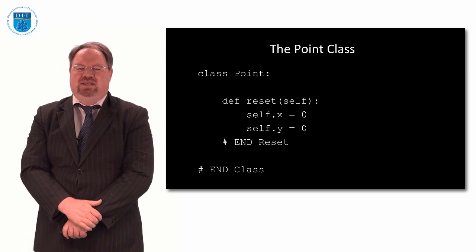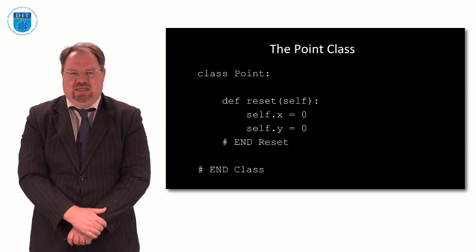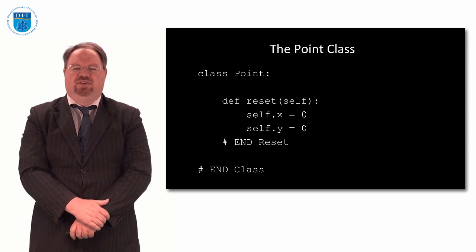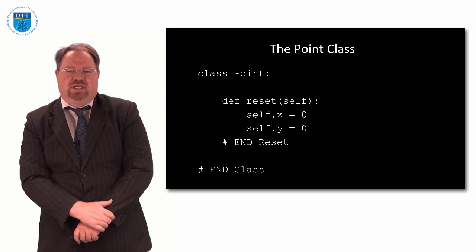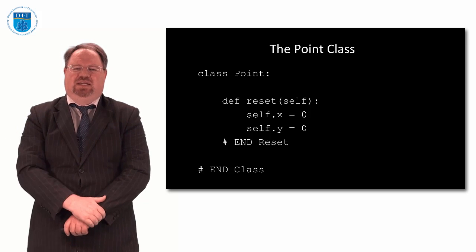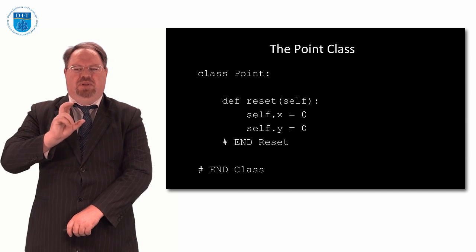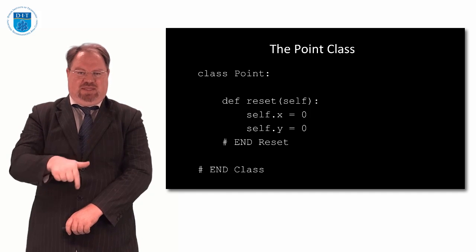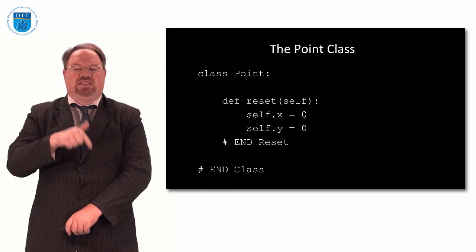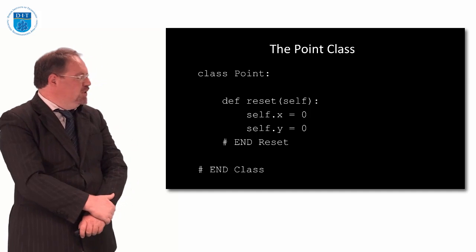The first and handiest way we can do this is, let's say we have our class point and it has two values, x and y. We saw before we assigned x and y to 5 and 3 or something like that. Let's say we wanted a method built into the class so that if we say reset this object, it sets x and y to 0. This is how we put that in the class.